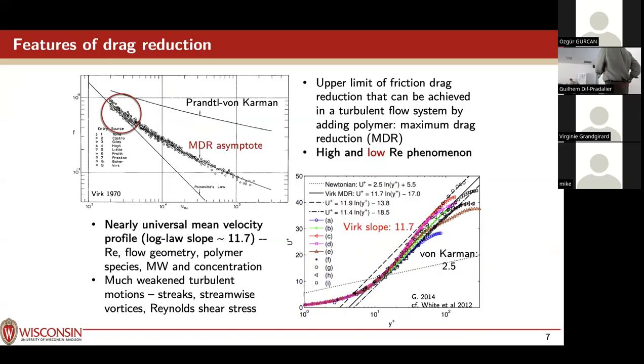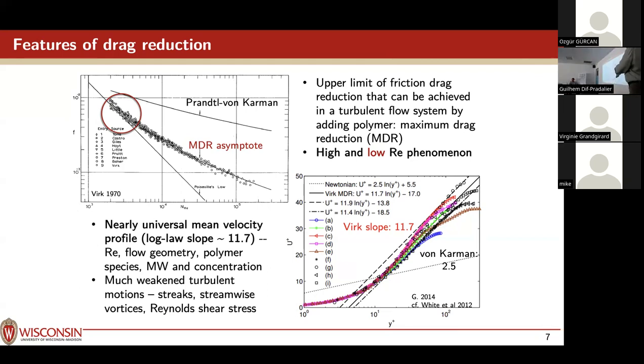Just in terms of some further features of drag reduction. This is just friction factor versus Reynolds number for pipe flow. This would be the laminar flow case. This is the Newtonian turbulent case. And one of the things that's really interesting about polymer solutions is this so-called maximum drag reduction phenomenon.